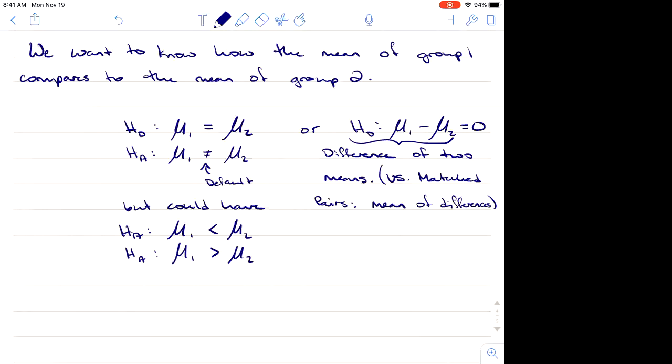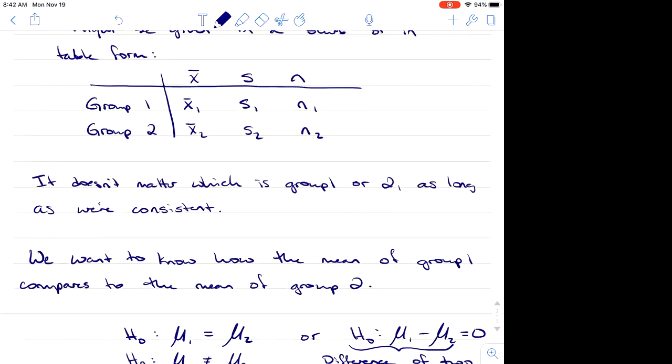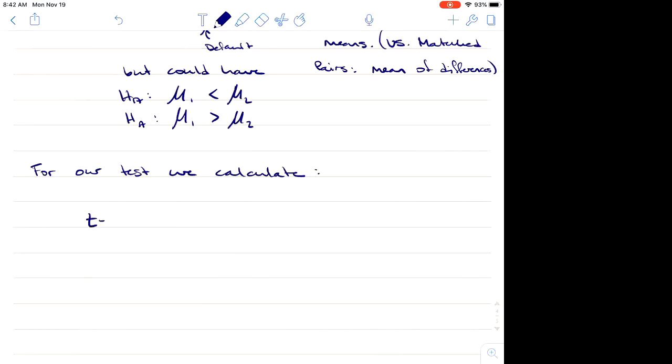If you have a glance at your formula sheet, it gets a little messy down there in 5.3, the two sample means, but that's only because we have all this information that we need to cram in there. And so for our test, we calculate T is x1 bar minus x2 bar, technically minus mu1 minus mu2.